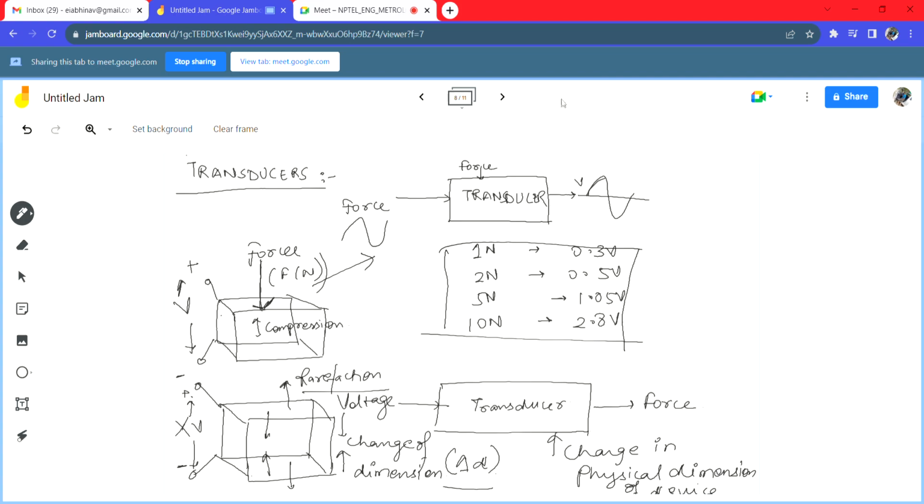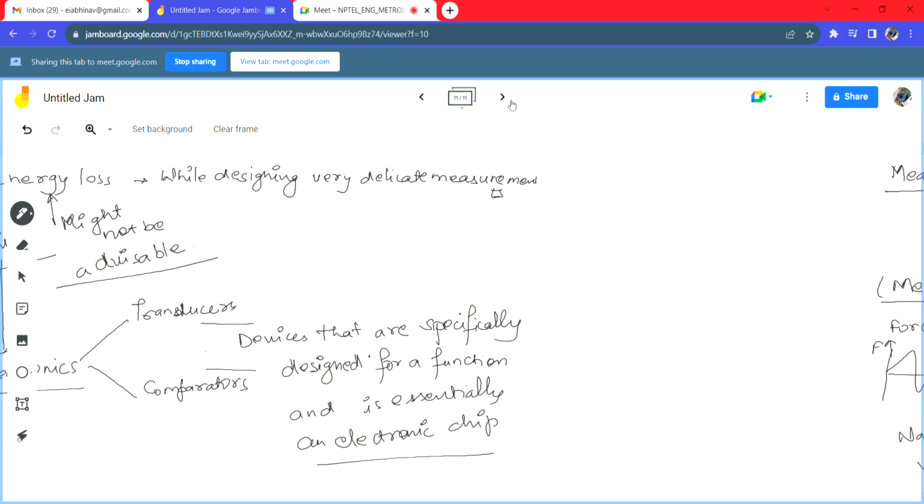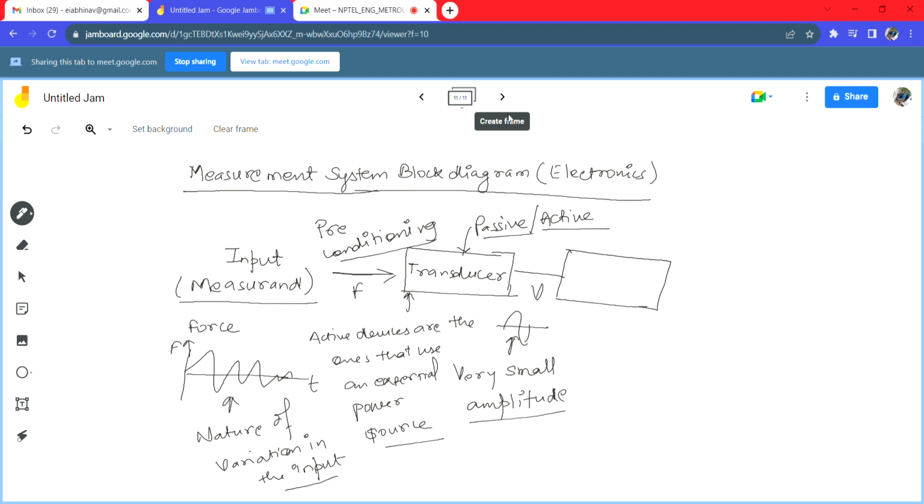In case to do its function, if we would have used a battery or an external power supply, we would have called it an active transducer. So generally when we talk about passive transducers, we do not use an external power source, and because of that, the actual value of voltage that we get because of the force or temperature being applied is of very small amplitude. So the second stage of thing that we need to do is called amplification.